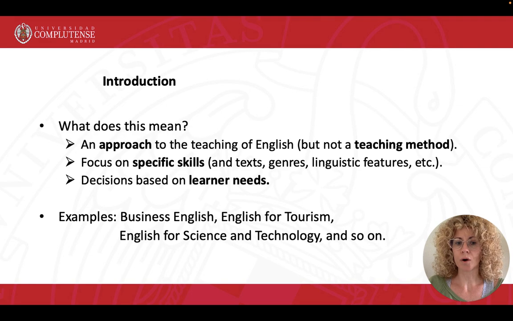Some of the most popular ESP courses would be business English, for instance, English for tourism, or English for science and technology. But there are several of them and of very different natures. So that's why it is very important to really understand the needs of our students before designing our ESP course and teaching English to those students.